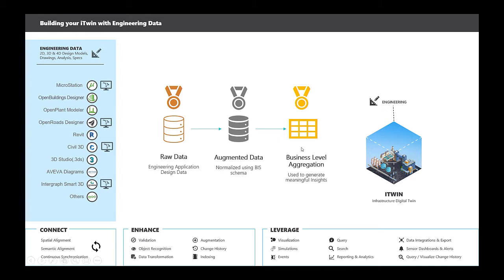So to generate meaningful insights, we need to aggregate the data at the right level. For example, to generate an embodied carbon calculation report, you need to get the quantity takeoff report aggregated at a different materials level.